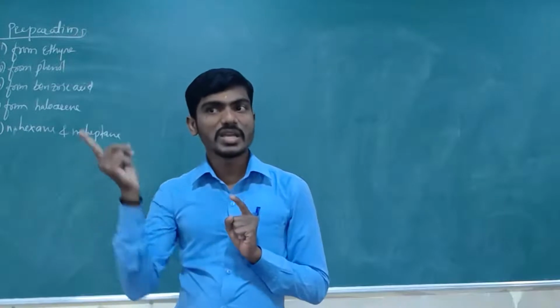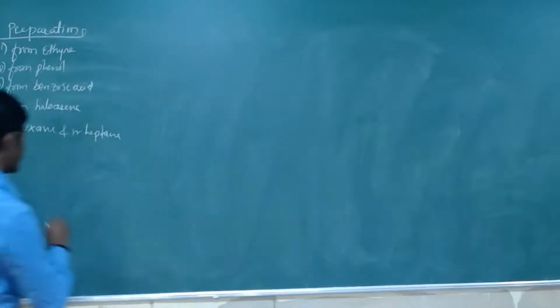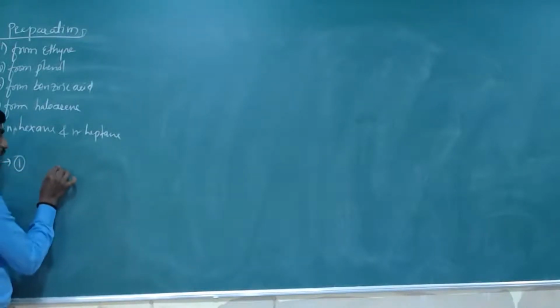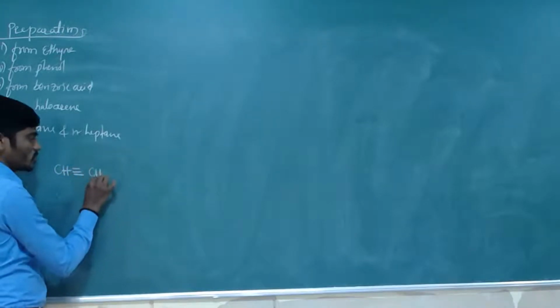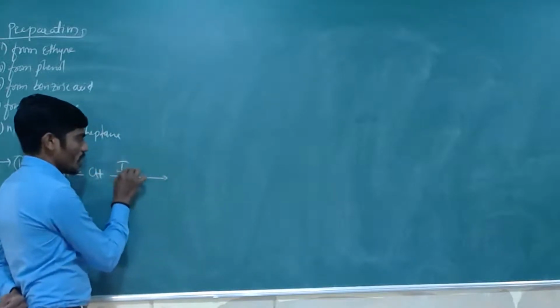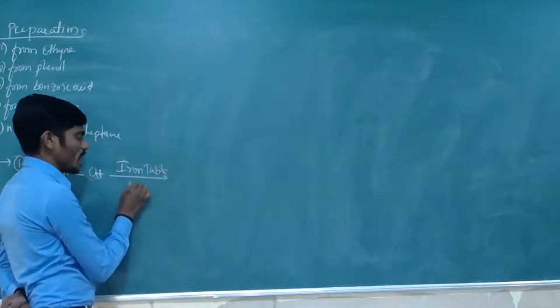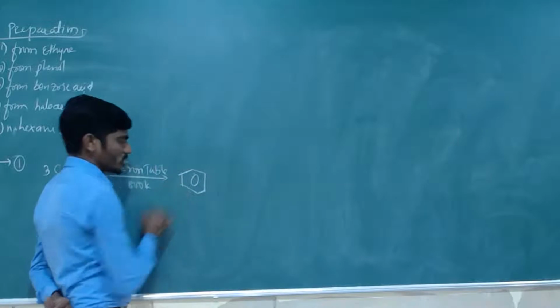Repeated: the ethyne reaction is only in the chemical properties of alkynes, and here it is in the preparation of benzene. Same reaction, I am repeating. First one, when acetylene, CH triple bond CH, is passed through a red hot iron tube, at high temperature, this gives rise to the product benzene.